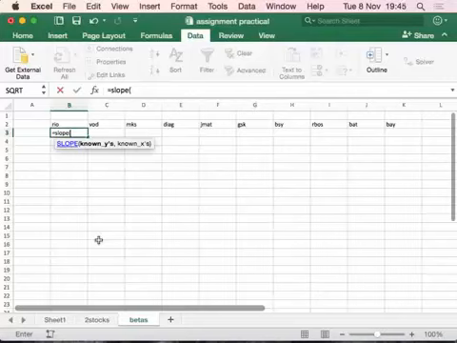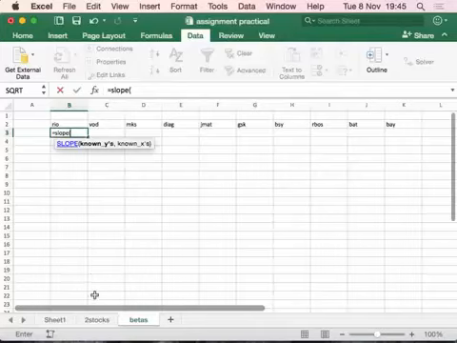The slope gives us this beta, where this is the stock return and this is the market return, and this measures the sensitivity of the stock to the market return, this beta. That's the intuition behind this function.